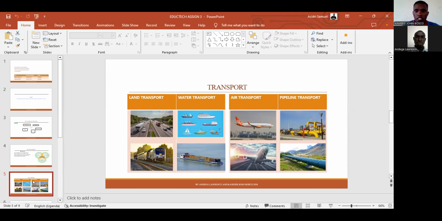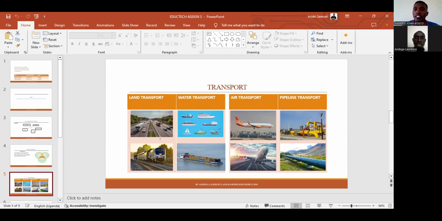So what are you seeing on your screen now? I see transport, and in it there is land transport, water transport, air transport, and pipeline transport, with their pictures included.